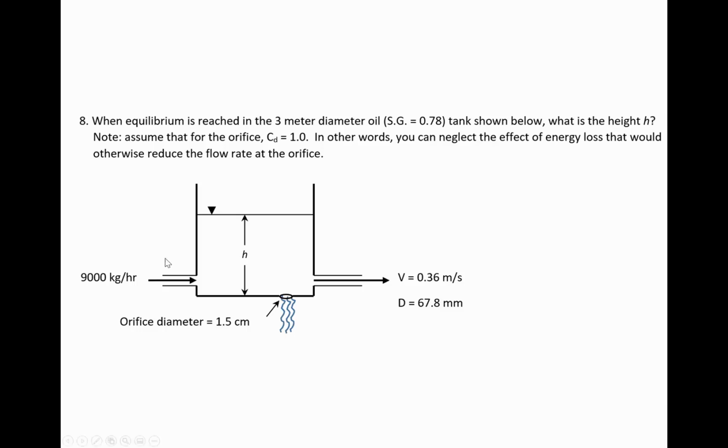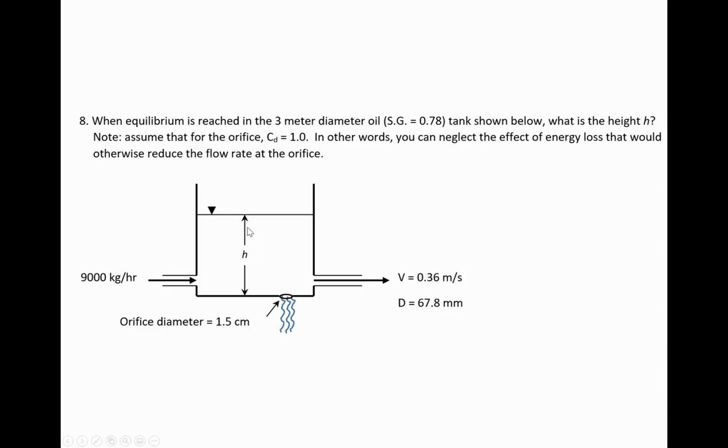So if we look, there's one stream in and two streams out. We know the flow in on a mass flow rate basis, kilograms per hour. And then for one of the pipes, we know the velocity of the stream and the diameter of the pipe. And then we have an orifice here, and we're trying to find out how deep the water is.